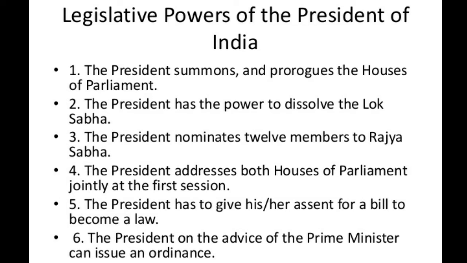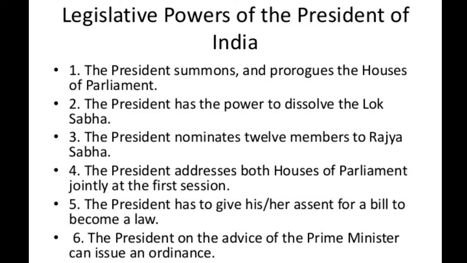And he has also the power to dissolve the Lok Sabha. Secondly, he or she can call a joint session of the Parliament if required. Third, no bill can become a law without the assent and the signature of the President of India.